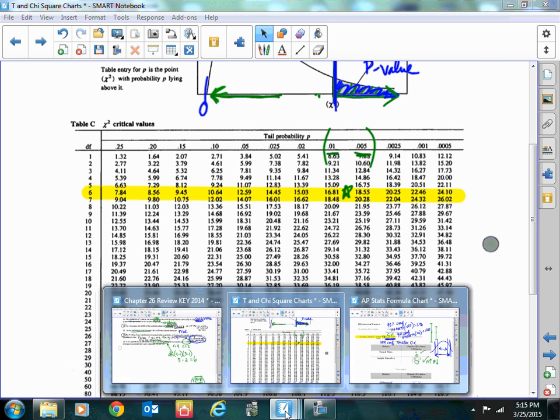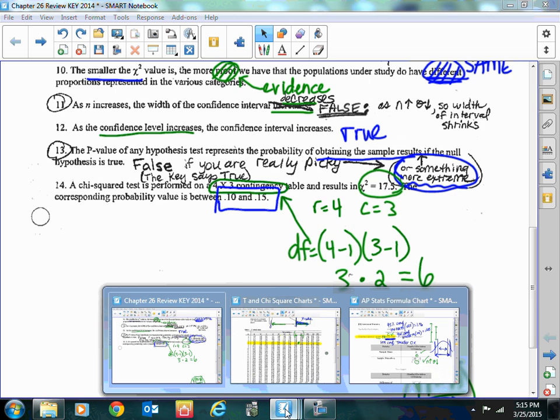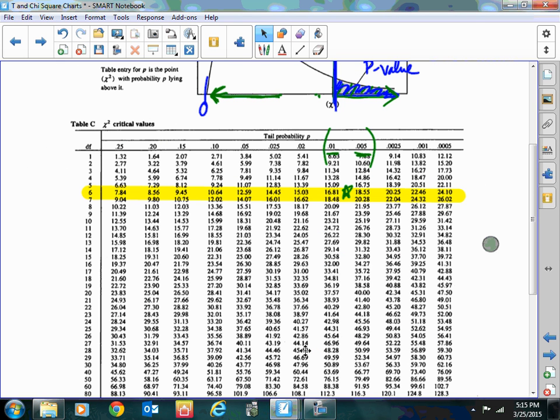So let's look at what the choices are. Corresponding probability value is between 0.10 and 0.15, and that is not true. It is between 0.01 and 0.005. Here's your 0.10 and 0.15. Okay? All right, so that is the true-false questions.